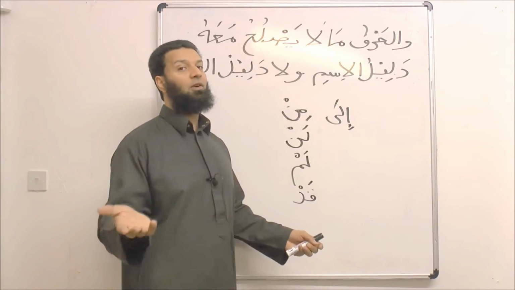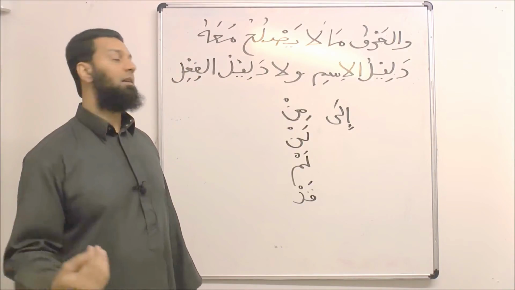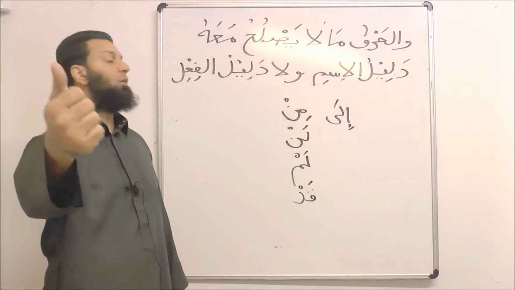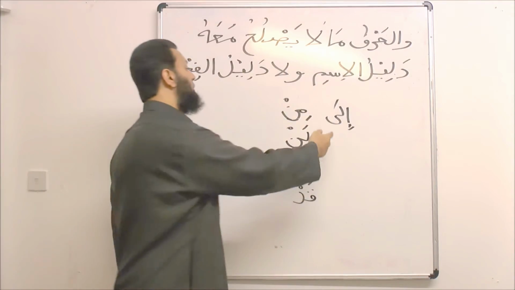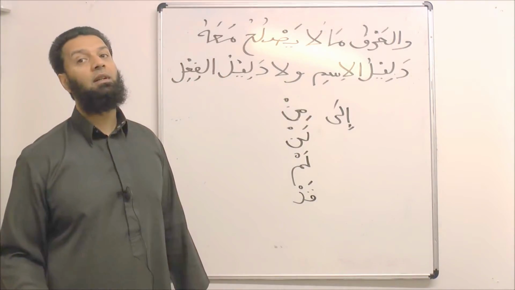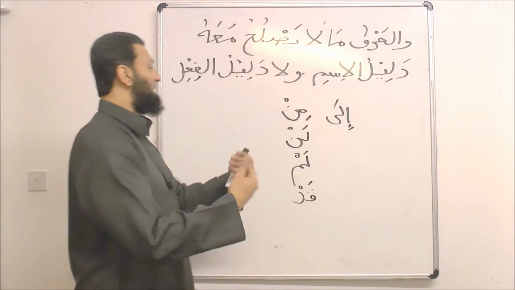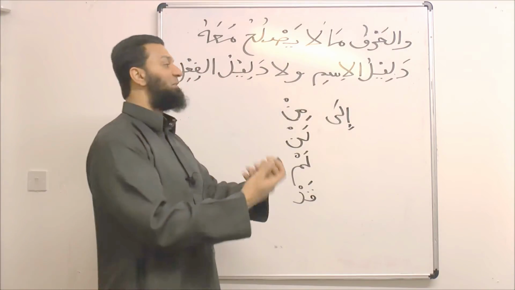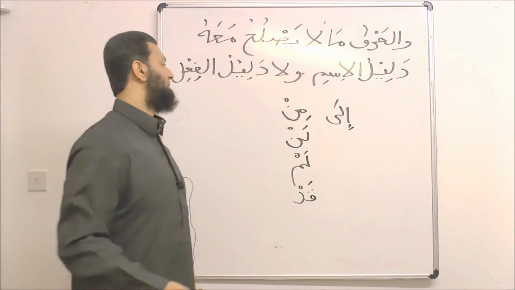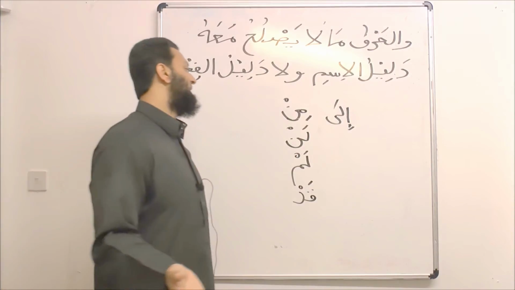Because the indicator, according to Ibn al-Ajrumiyyah, is that you can precede it with harfu khafdin. Well, we've preceded min with another harfu khafdin. If you're saying yes, therefore that must mean this is an ismun, the answer is no.